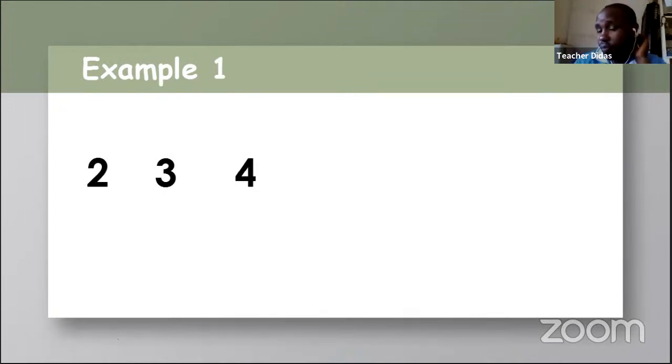We are supposed to give the place value of each digit given here. When we are giving place values, we start from the right hand side going to the left hand side. Don't start from the left coming this way.